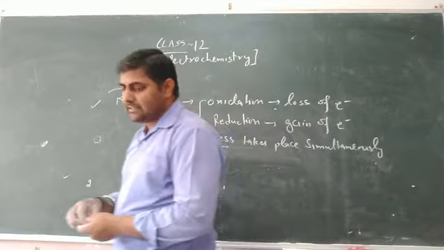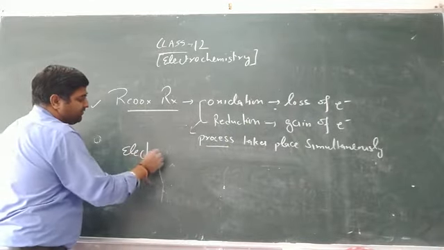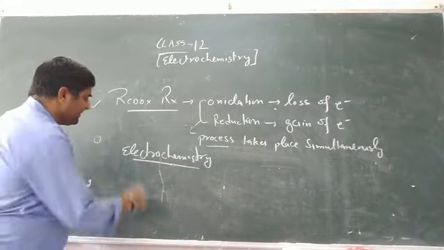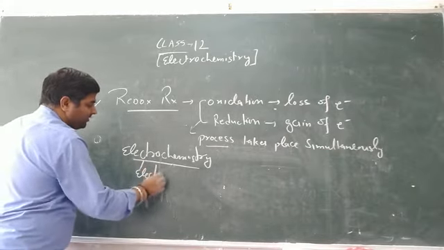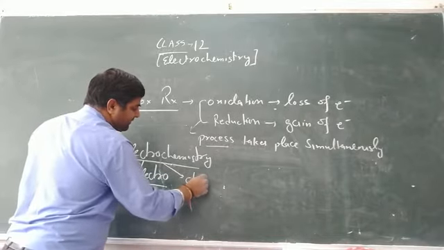Now, what is electrochemistry? Let's see the definition of electrochemistry. As it is clear from the name, electrochemistry is a combination of two words. Electro means electric charge, or we say current, and chemistry.